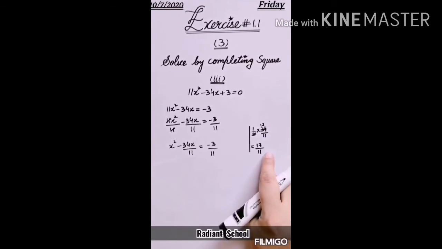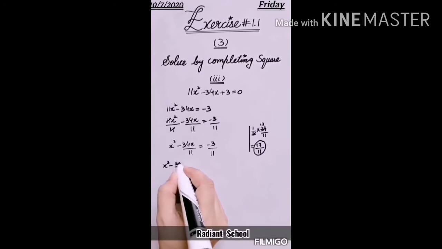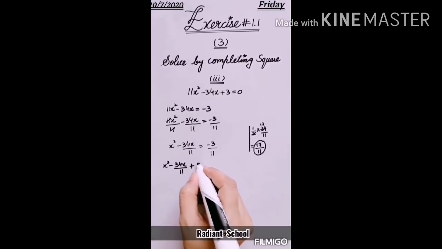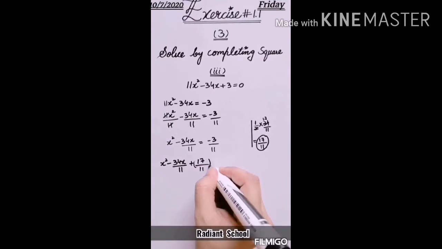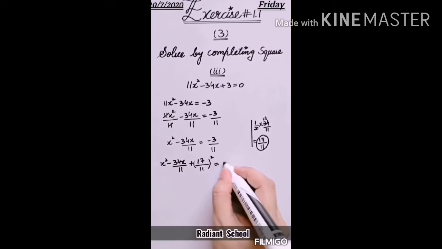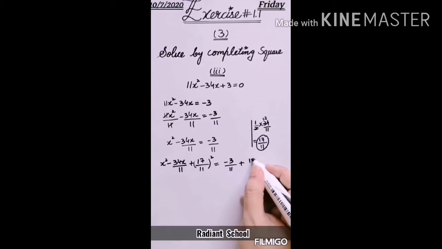So after simplification, you will get a new number. This number's whole square you have to add on both the sides: is equal to minus 3 over 11 plus 17 over 11 whole square.